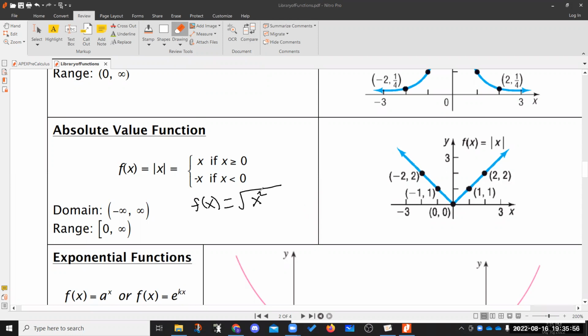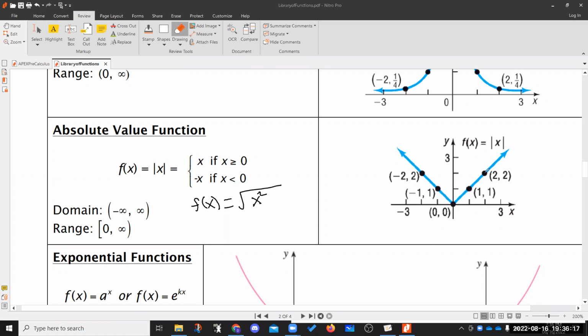Careful with that whenever you see an even power inside of an even root like that, watch out for that. It could come out like this, where it's equal to the input value if the input was greater than or equal to 0, and it's equal to the opposite of the input value when the input was less than 0.